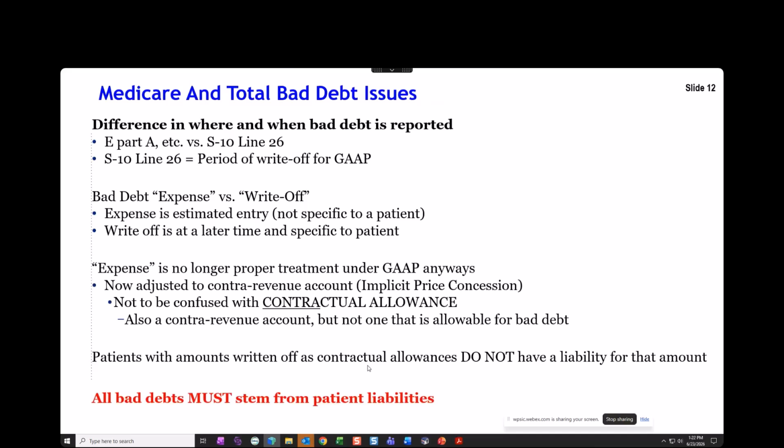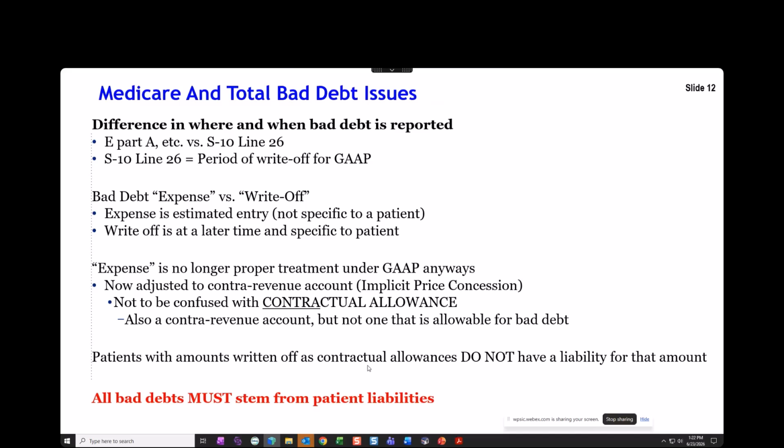Medicare bad debts have to be obviously for Medicare patients, and they have to follow the stringent Medicare bad debt policies. Now with the S10 audits, we also start reviewing total bad debts. In other words, for all patient types, payer types, whatever, Medicare, non-Medicare, those are reported on S10 line 26 specifically.